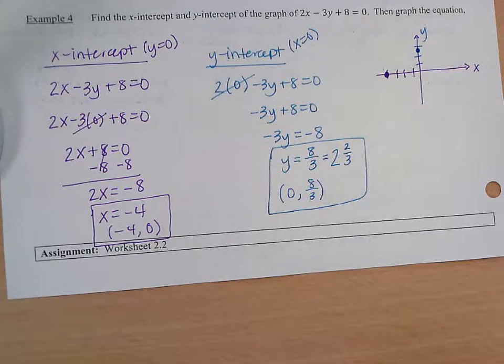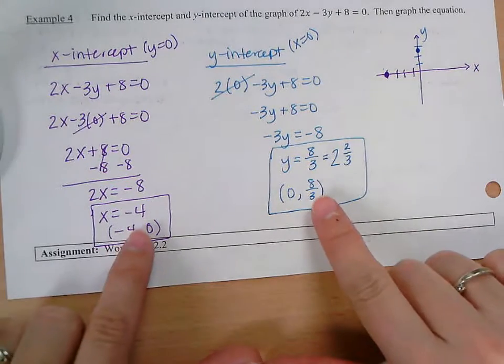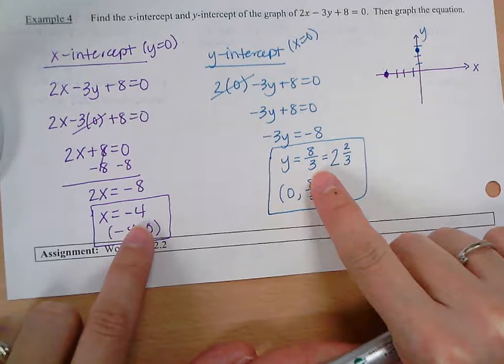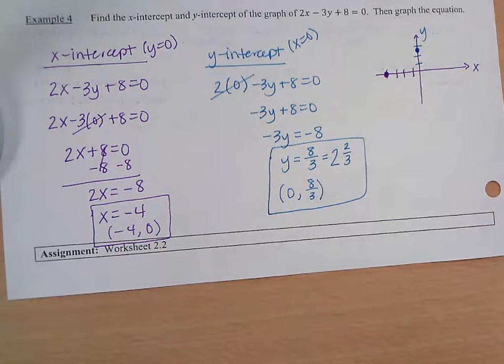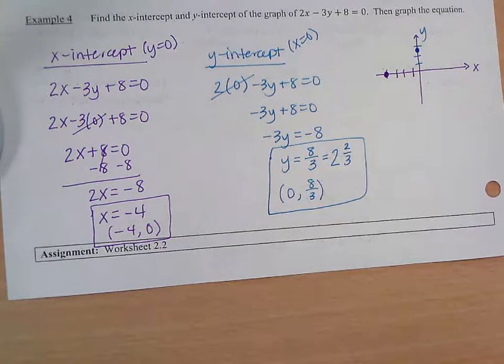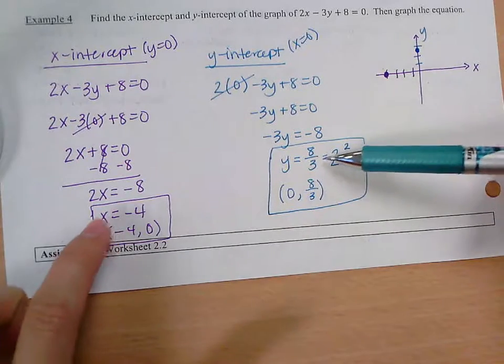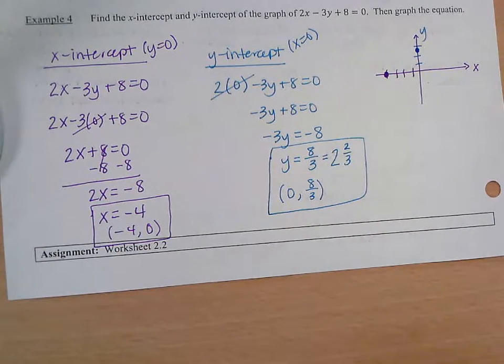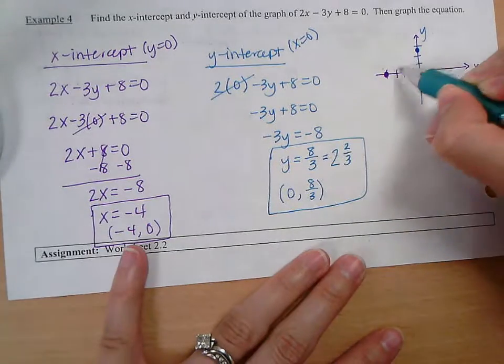Just make sure, because I've seen this happen, that you're not taking these two values, the x and the y-coordinate, and putting them together as one point, because then you can't draw a line anyway. You'd have a point right here, and there's no line to draw because you only have one point. So these are two separate points. They're not the coordinates that form one point, and then you just draw your line through them.